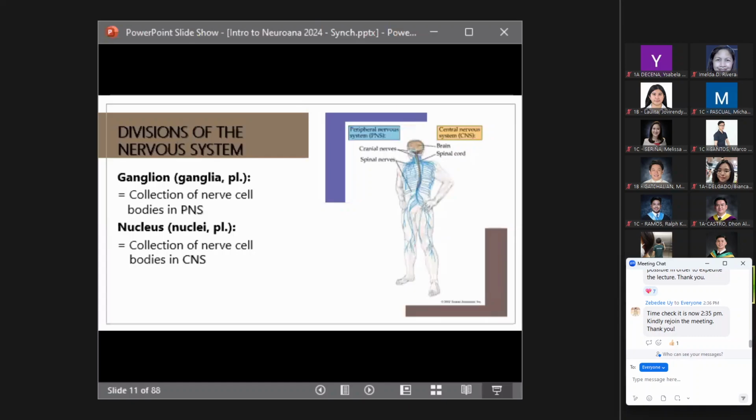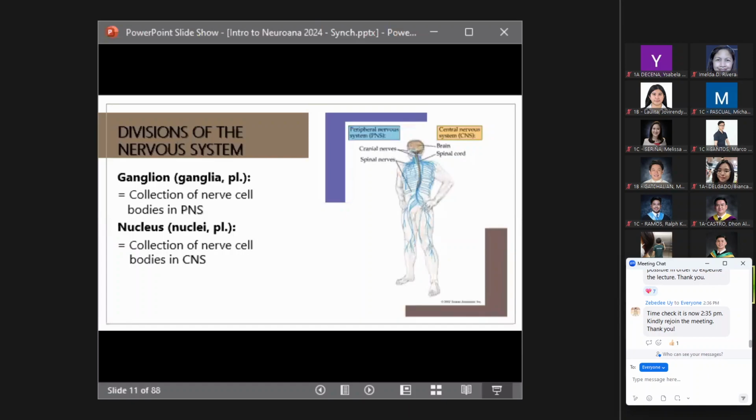So you would have seen that as well. Those are ganglia. These are outside of the brain and spinal cord. If these nerve cell bodies instead are located within the central nervous system, meaning they are collected within the brain and the spinal cord, they are called nuclei. That is depending on the location of the nerve cell body.